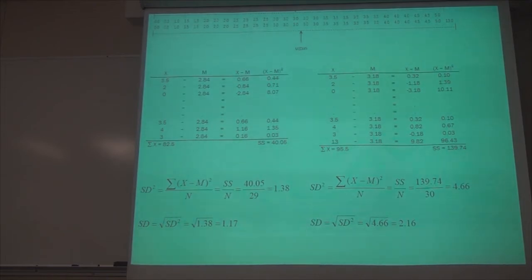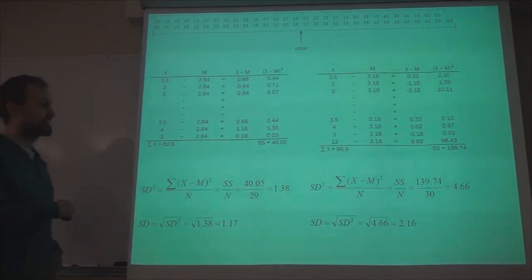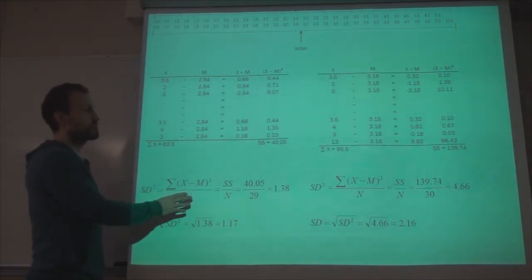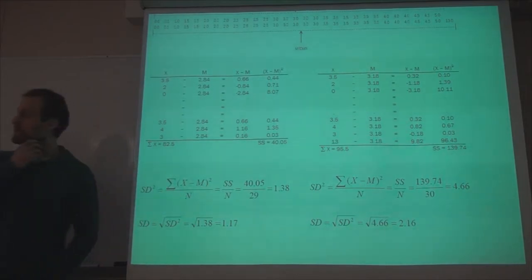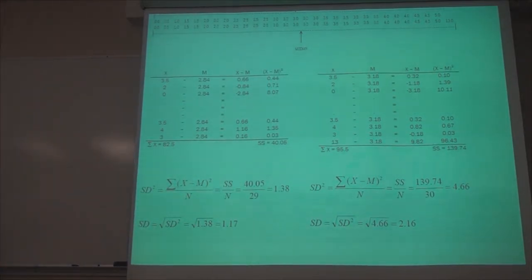Yes? Speaking of different calculations, what would the benefit be of using n-1? Right now I'm avoiding that whole issue. But in truth, what we're doing is we survey some people, and we want that information that comes from that little sample of people to be representative of the whole population.